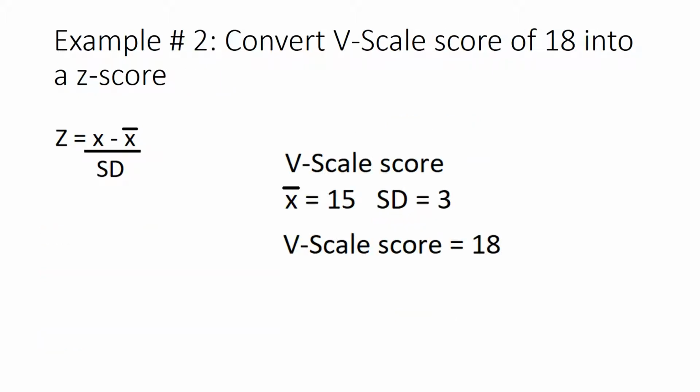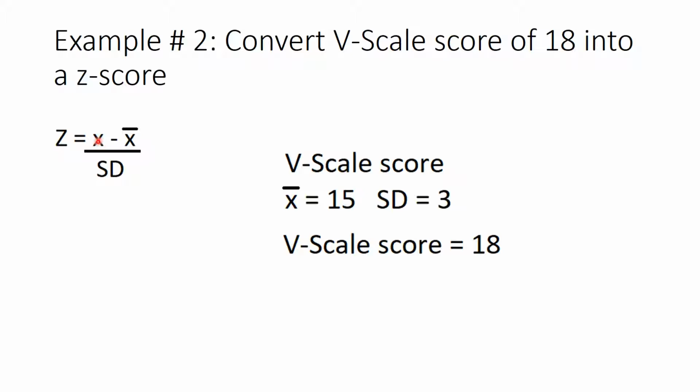Now let's try another example out to see if you understand. Okay, so for this example, we are going to convert the v-scale score of 18 into a z-score. Okay, and once again, I provided all the information you'll need to solve this problem right here. Okay, so what we have to do is we have to plug in the v-scale score of 18 for this x right here.